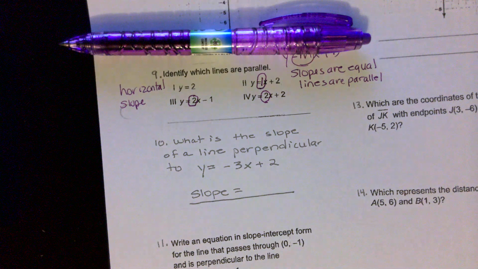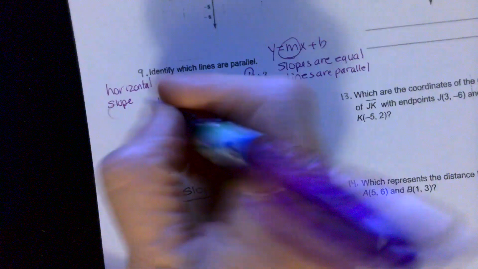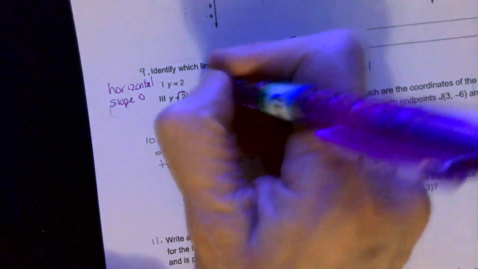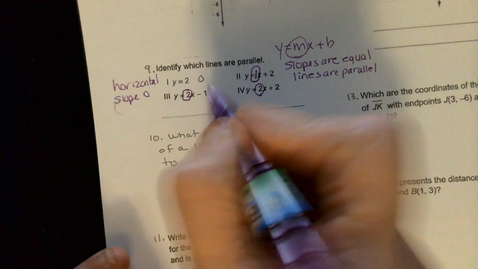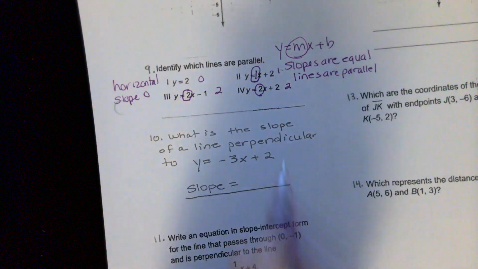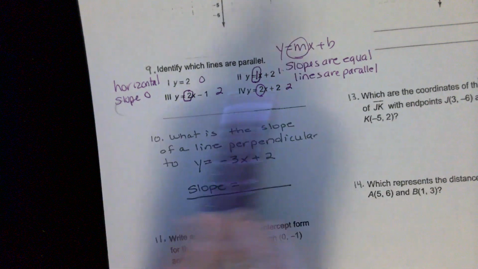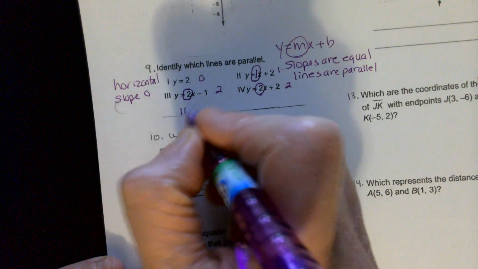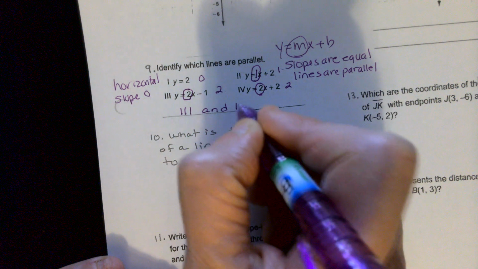Slope is 0, right? It's like cross-country skiing here. Slope is 0. So we got a 0, a 2, a 1, and a 2. Which ones are parallel? Well, the ones with the same slope, which is 3 and 4.